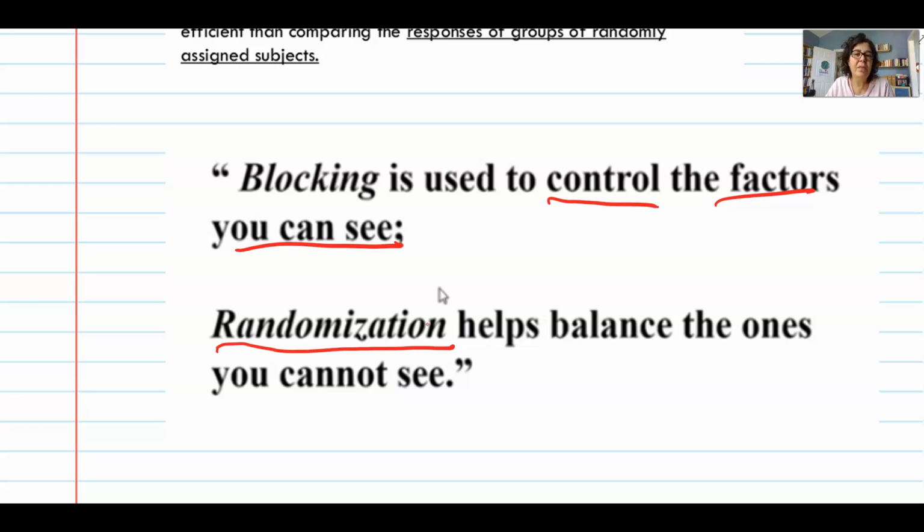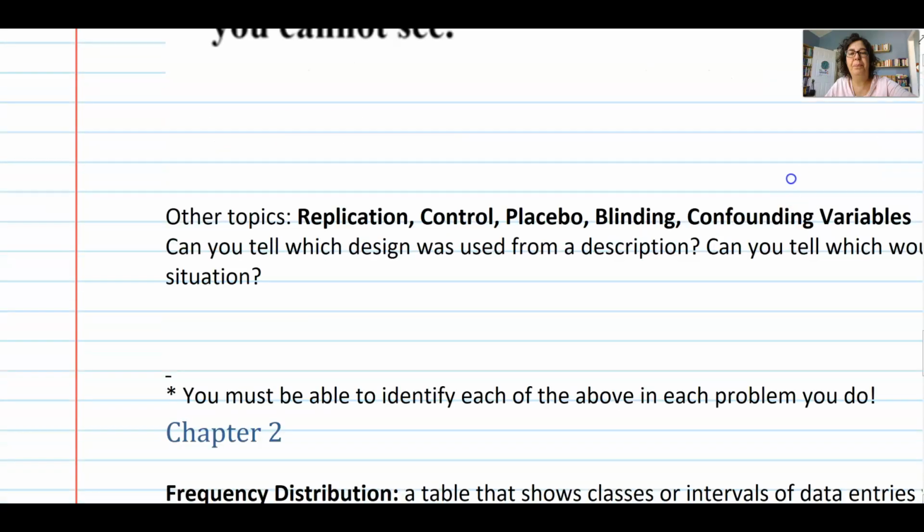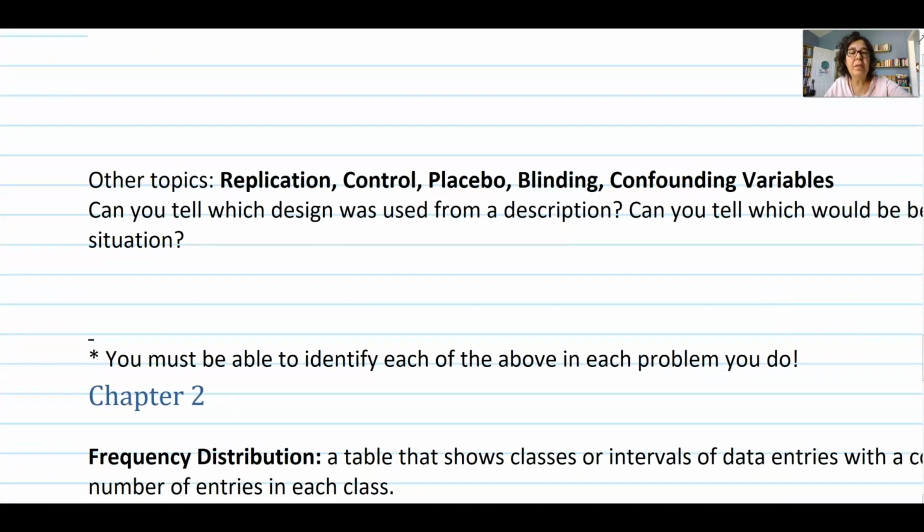There are some factors in it, but you don't know. So that's why, giving a group, you have one control group and one treatment group, and randomly assign the treatments. There are other things that you might want to check in terms of definition. What is replication? What is control? What is placebo, blinding, and confounding variables? They're all coming from 1.3.